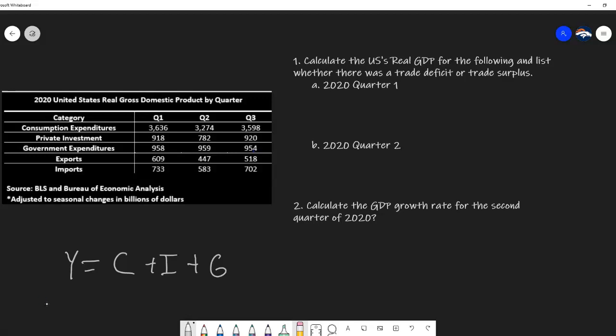Now, you might be thinking, why is that positive if we're paying tax dollars for those goods? That seems like it might be a negative, especially in the United States where we don't have a surplus. We'll talk more about government budgets later on. But when you think about it, if we spend more money on government spending, let's say military, education, or infrastructure, eventually we have to raise taxes.